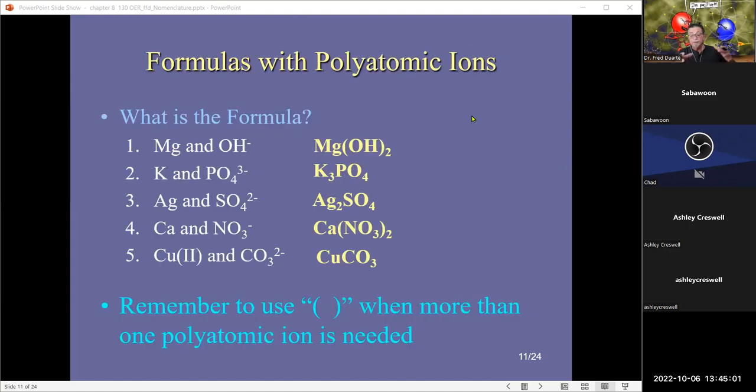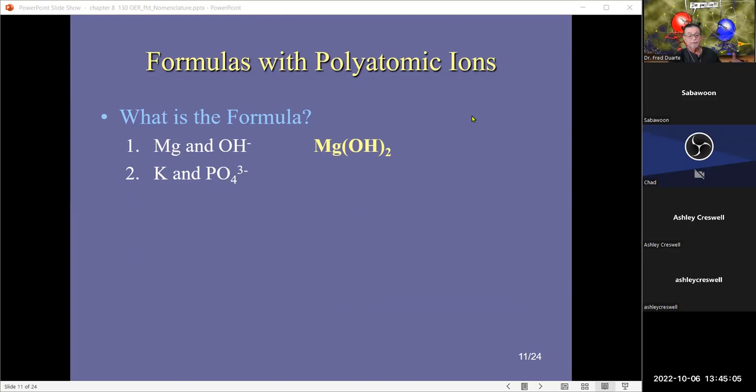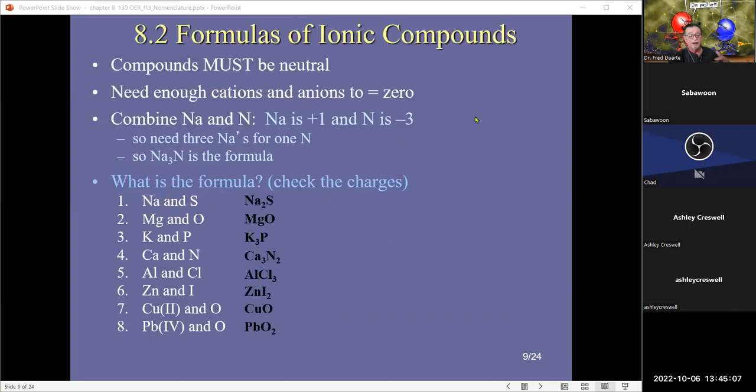Now, naming them. We've been working with writing formulas. Now, the thing I forgot to tell you here, let me go back up and do another batch here. Yeah, see this batch here? You can mix and match, all right? You can take the sodium and hook it up with the nitride, sodium with a phosphide, okay? Sodium with the nitride, sodium obviously with the chloride or the iodide.